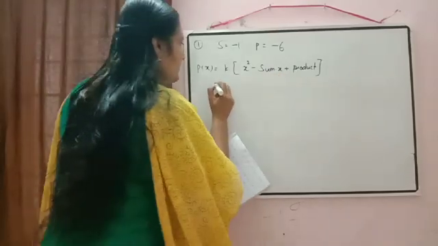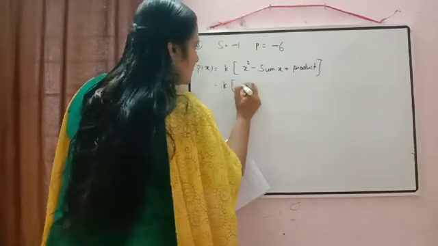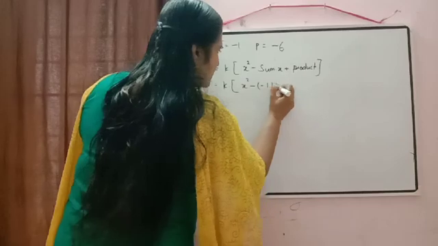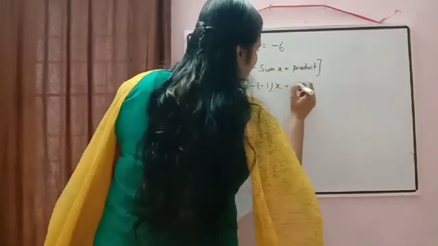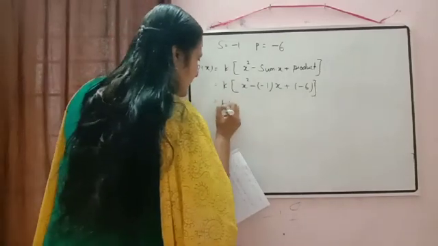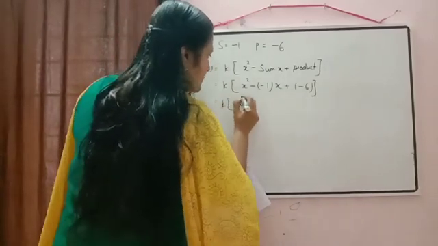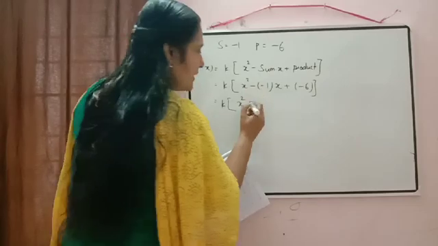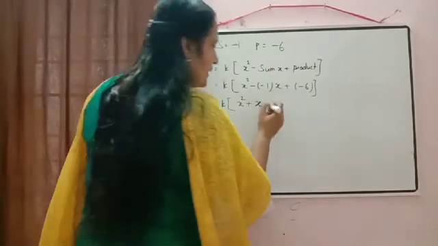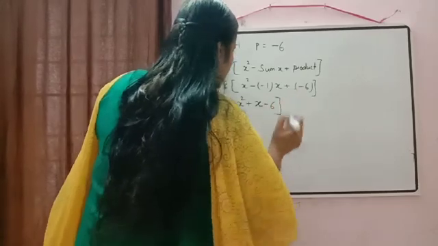Now just to substitute the value: k into x square minus, our sum is minus 1, minus 1 into x plus product of the zeros is minus 6. Then we will get here k into x square minus into minus will be equal to plus 1x, or simply you can write x, and here we will get minus 6.